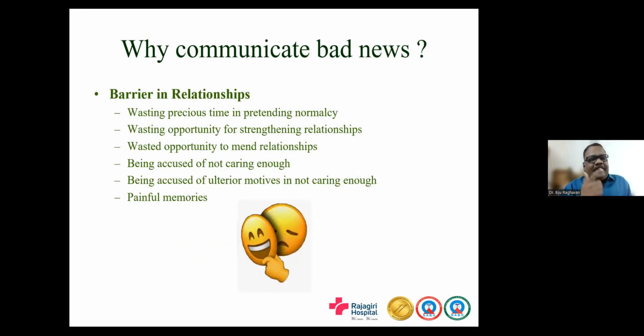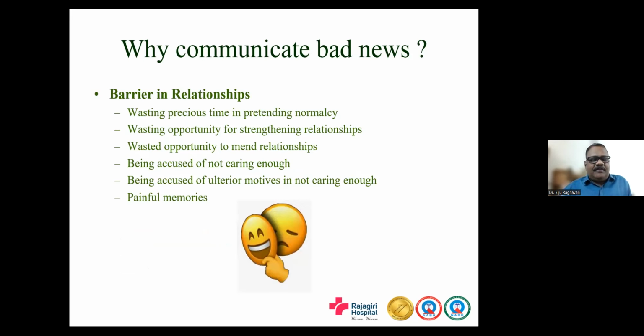Another reason, and the last reason that I put forth in front of you, is that it denies people a chance to have relationship. Because when the patient does not know, the family is forced to play a drama in the house, put on a mask of everything is normal, and then act as if everything is normal.